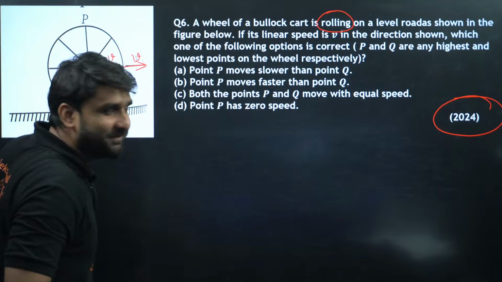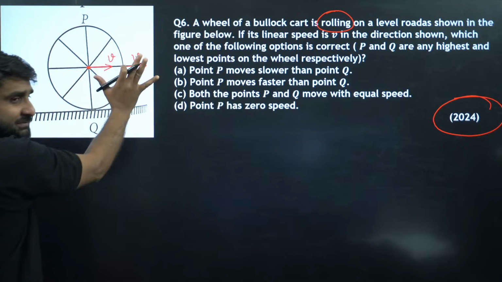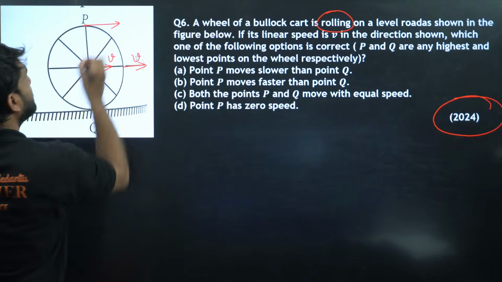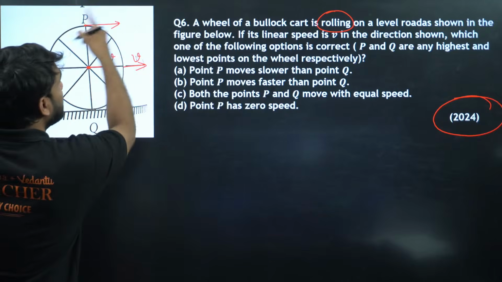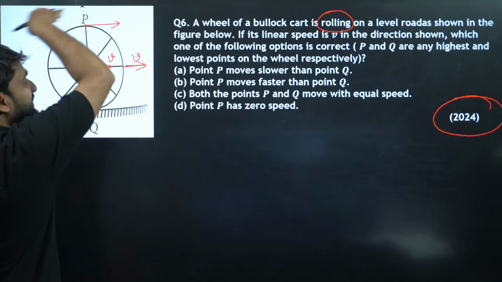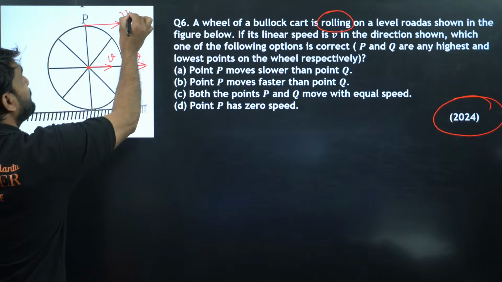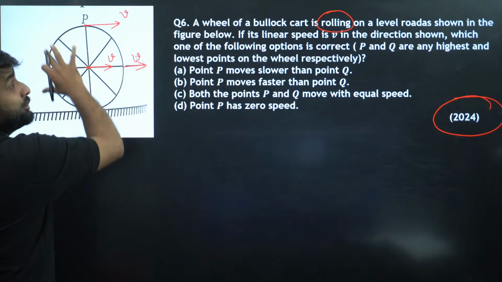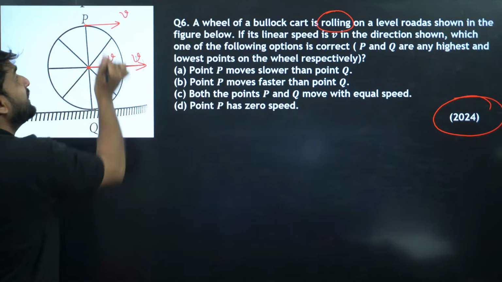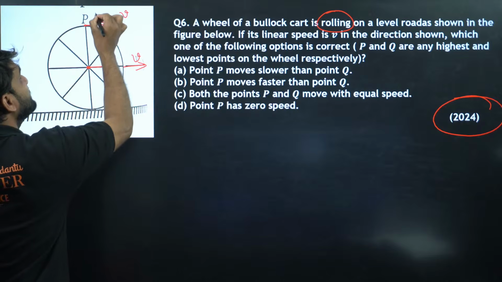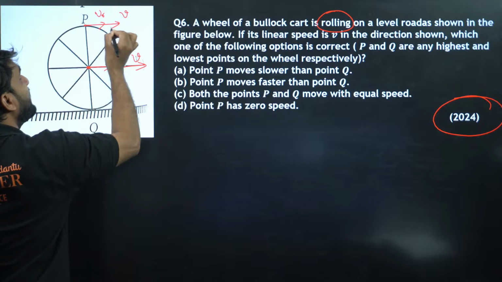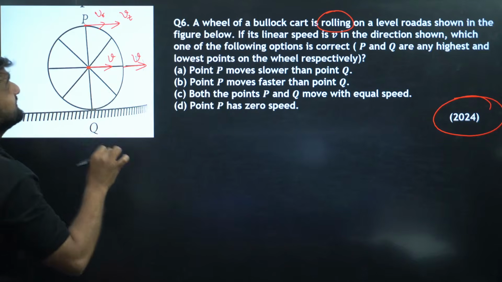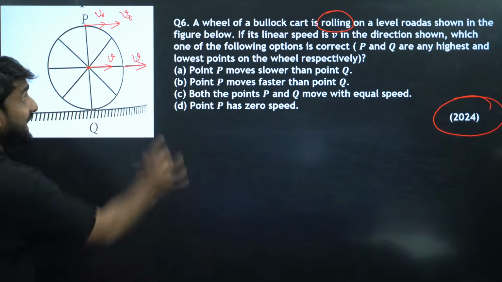And do you know, champion, when a wheel rolls, at the highest point the translational velocity is of course v, the same velocity we have given, and the rotational velocity due to rolling will also be in the same direction. This is the rotational velocity Vr, and this is the translational velocity, and both remain equal at the highest point.